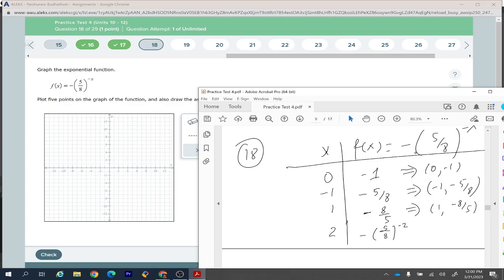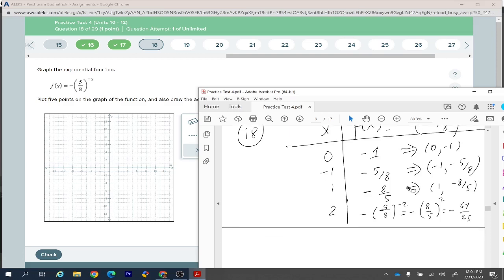The negative reverses the fraction, and the exponent becomes +2. 8 squared is 64, 5 squared is 25, so that gives you -64/25. Let's do the very last one for -2. Since there is a negative and this negative, the exponent becomes +2, so eventually that would be -25/64, because 5 squared is 25 and 8 squared is 64.